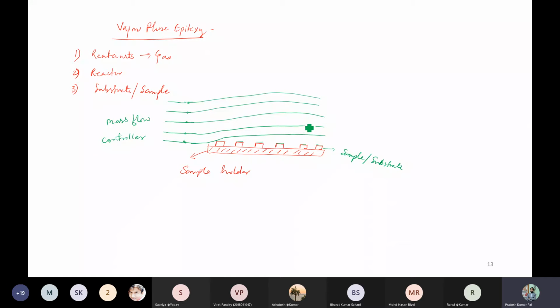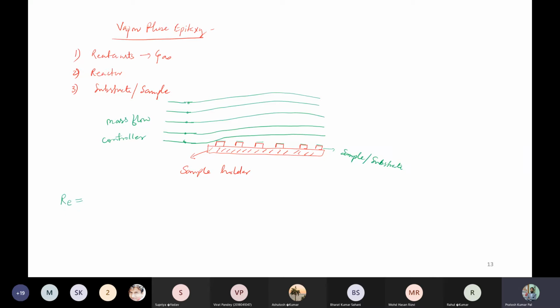So how the quality of deposition turns out is decided by different parameters. As this is a gaseous flow, the characteristics of the flow of a fluid or gas are characterized by the Reynolds number, given by Re.